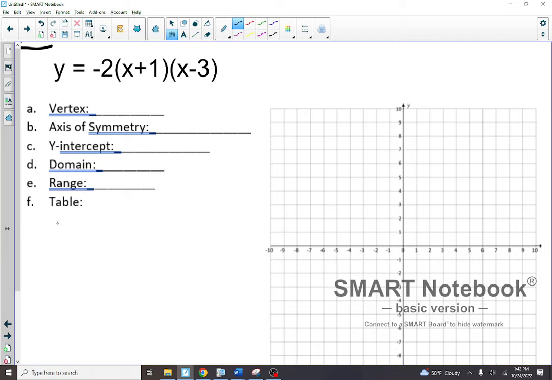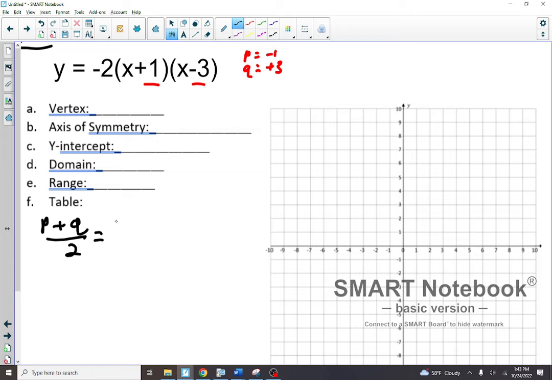Okay, for this one, we're going to find the vertex. To find the vertex, we need P plus Q divided by 2. Now, these two numbers are P and Q. Now remember though, because the original version has a minus P and a minus Q, you have to flip the signs. So P in this case is -1, and Q in this case is +3.